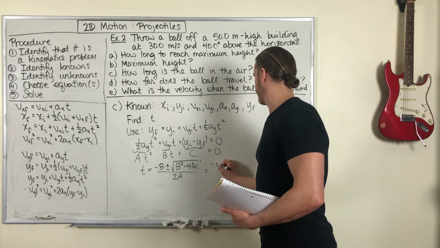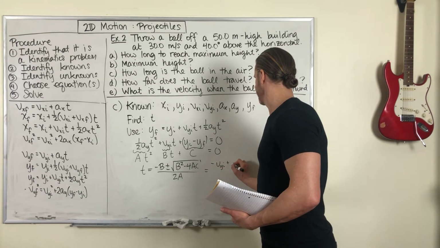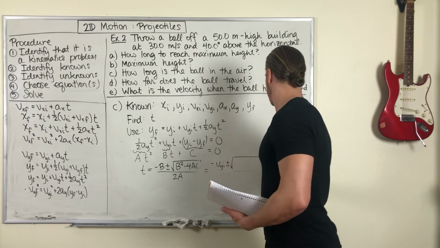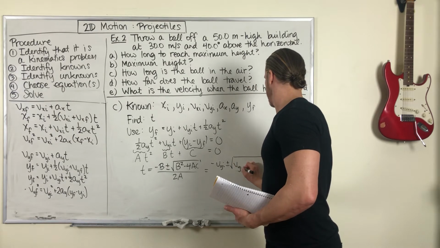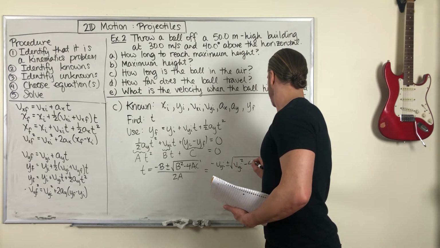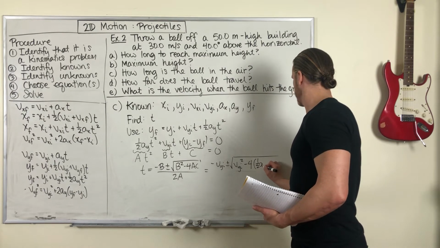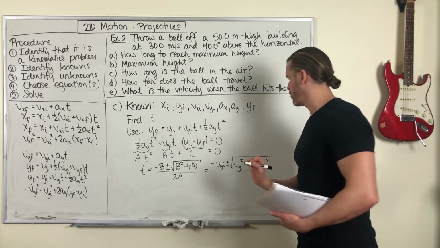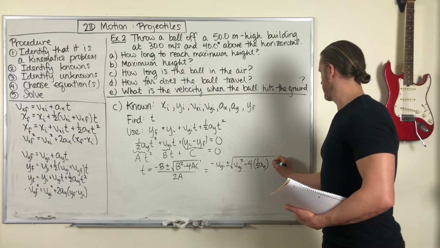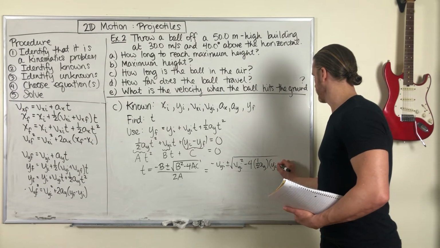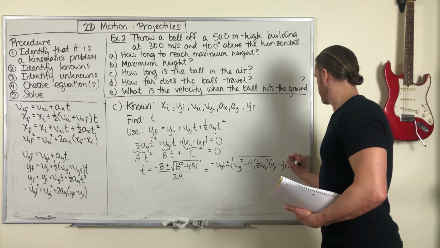So B was our Vy initial. A was 1/2 times that Ay acceleration, and the C term was y initial minus y final.